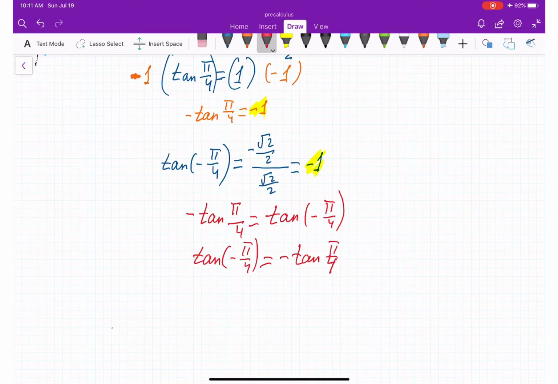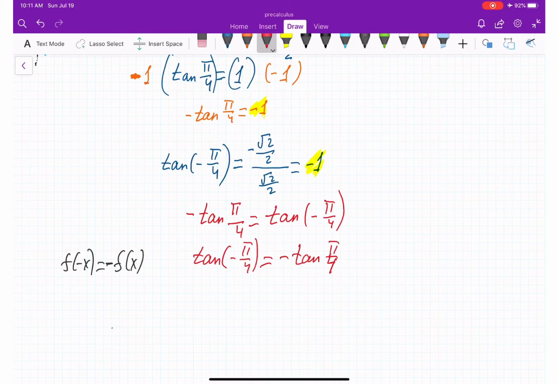So, and we know based on if function is odd, then what do we have? F of negative x is equal negative f of x. This is a property of odd function. So can we insist that our function is odd?